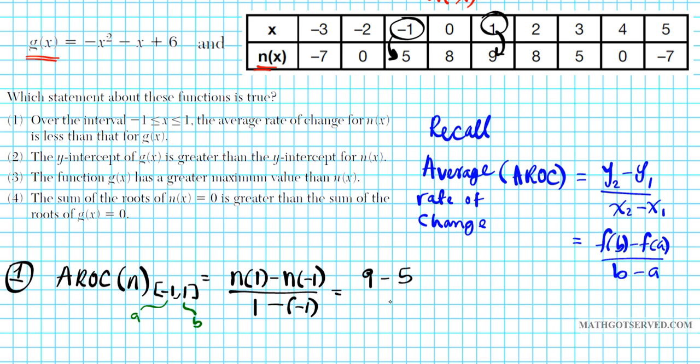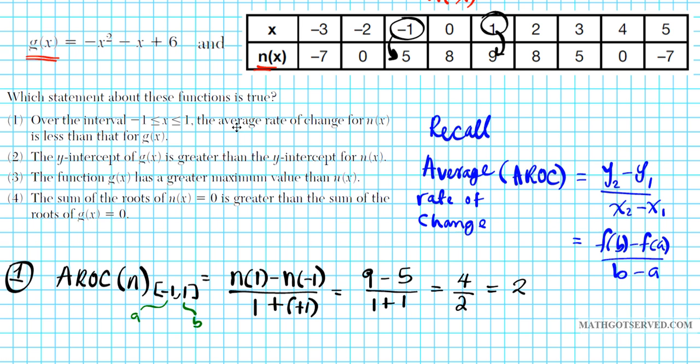All right, so we have 9 minus 5. This is your rise, the change in y, divided by the run. Minus times minus is plus, so you slash and dash. So you have 1 plus 1. Okay, 9 minus 5 is 4, divided by 1 plus 1, which is 2. And your final answer is 2.